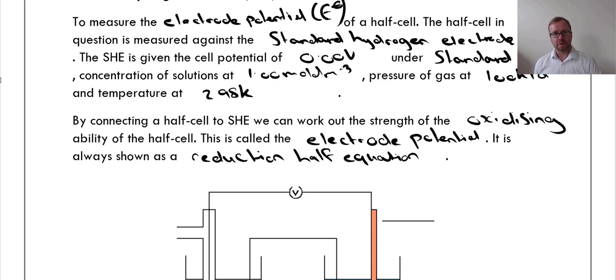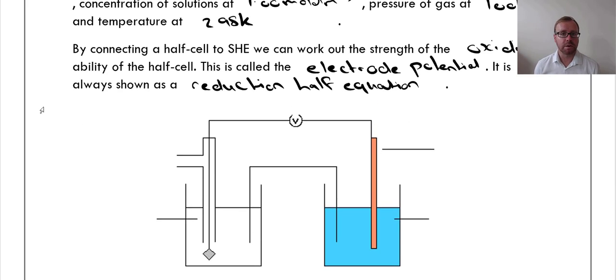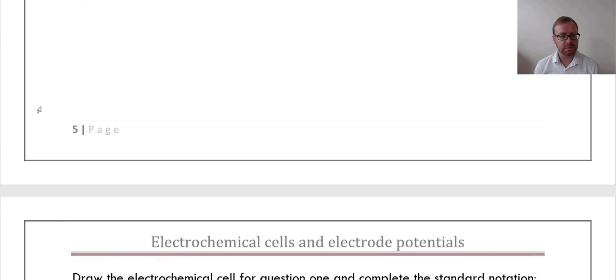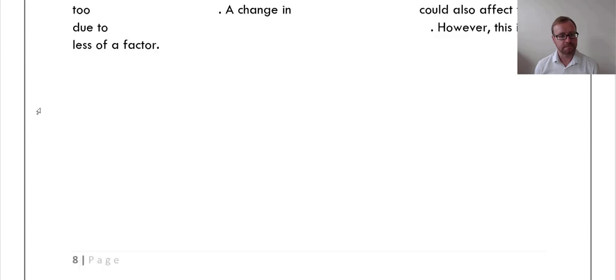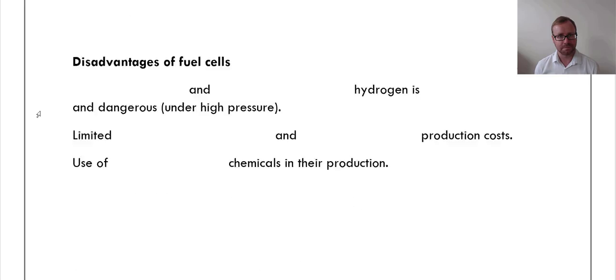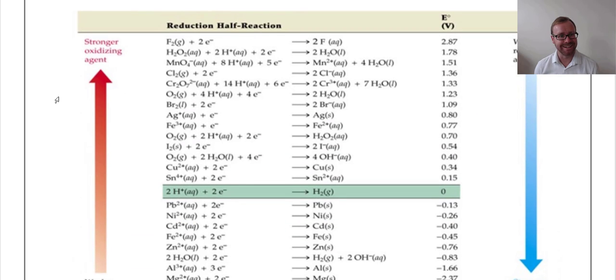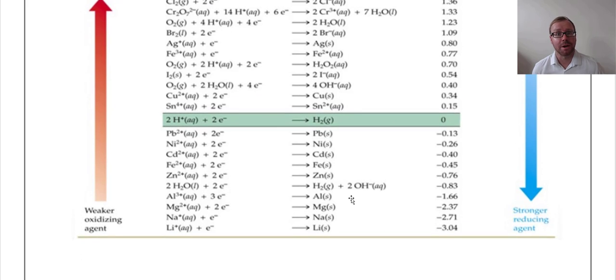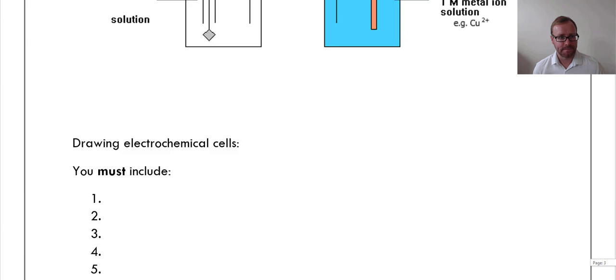If we just skip to the very end, I'll show you a quick example of these. Oh, I forgot to mention it's quite long, this one. So here are our reduction half equations, and we can see that it's always shown as a reduction equation, and here are our cell potentials. So it can be positive or it can be negative, and we'll talk about what that means in a little bit. Right, so gotta go all the way back up.